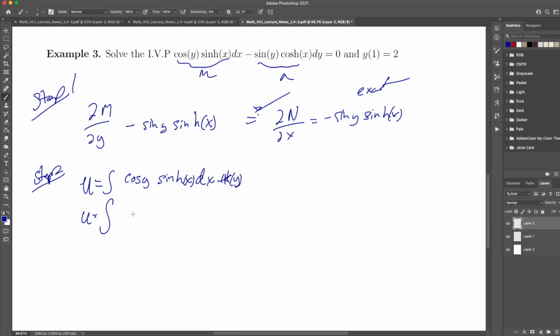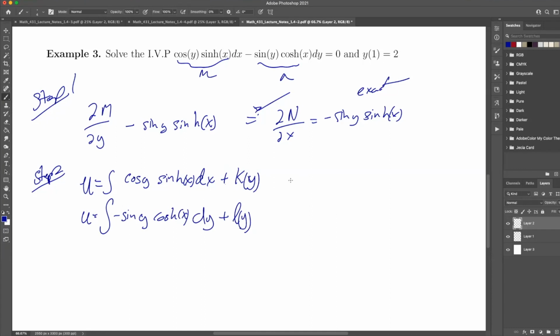And then here we're going to take our N, so minus sine of y times hyperbolic cosine of x, and then we'll do it dy plus some function of y. Hold on, let me clean this up. There we go.